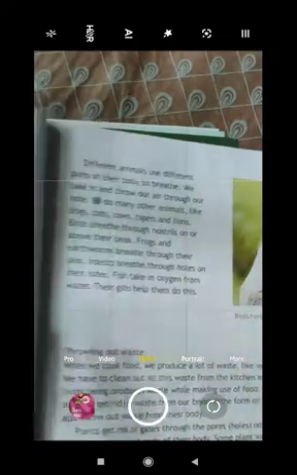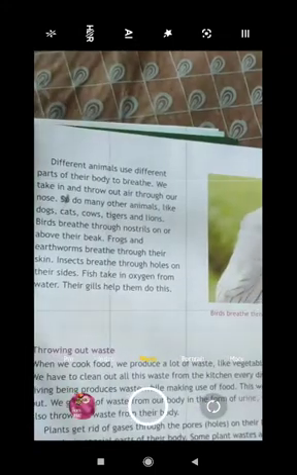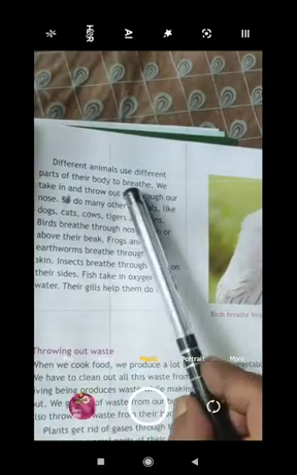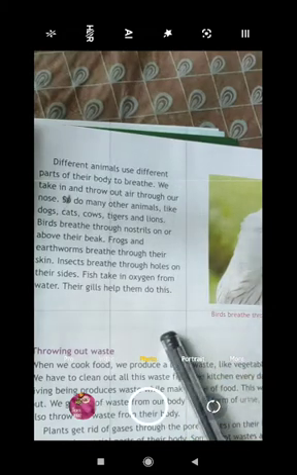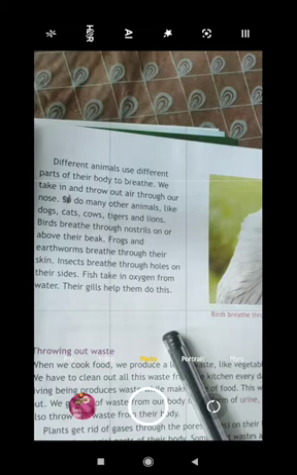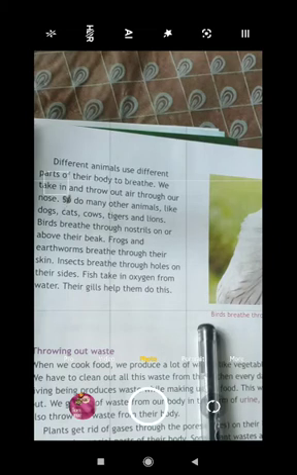different animals use different parts of their body to breathe. Okay. As I have said, insects will have holes on their bodies, they will not have a particular nose or nostril. So that is why different animals do their breathing with different parts of the body.